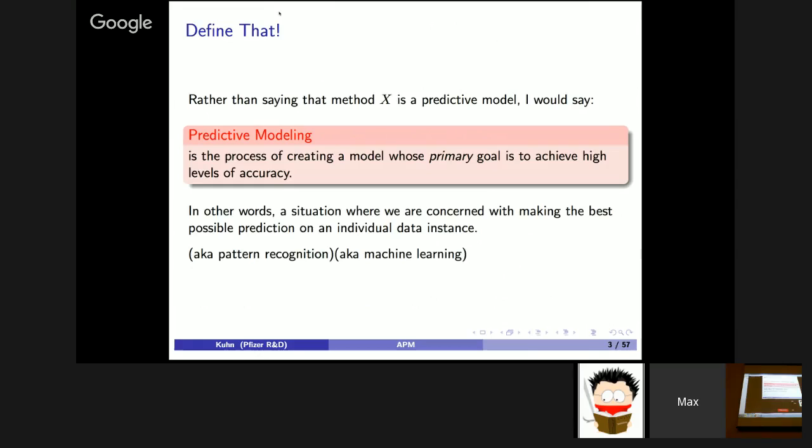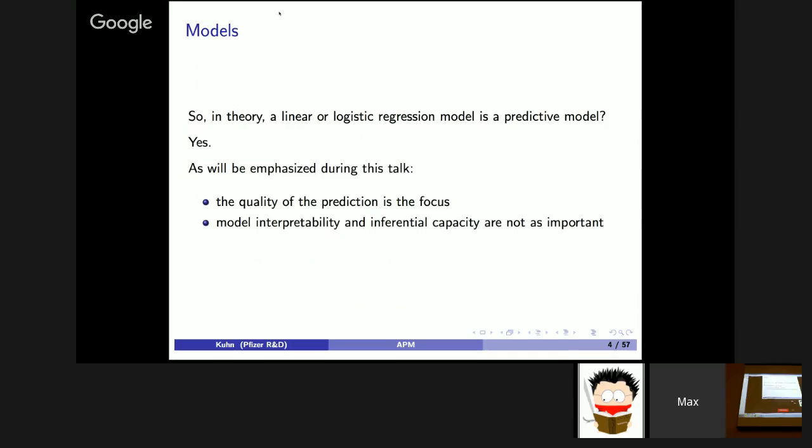So when I talk about a predictive model, I mean any model whose primary goal is to achieve the highest level of accuracy possible. It doesn't mean you don't care about interpretation or inference, but those are secondary concerns compared to the prediction part. You could say anything could be a predictive model, and I guess that's basically true. But the thing I'll emphasize is that the quality of the prediction is the focus. When we can make inferential statements, we will, but that's sort of an added bonus to our primary goal.